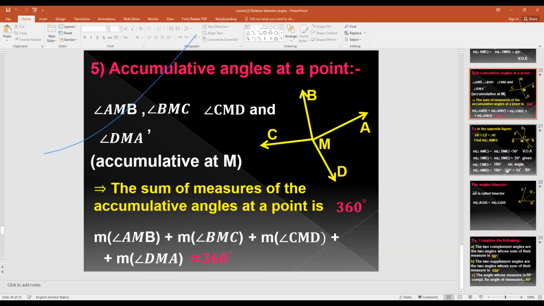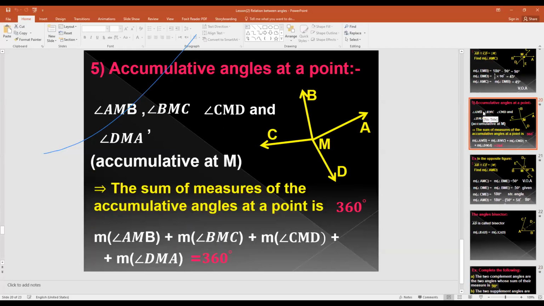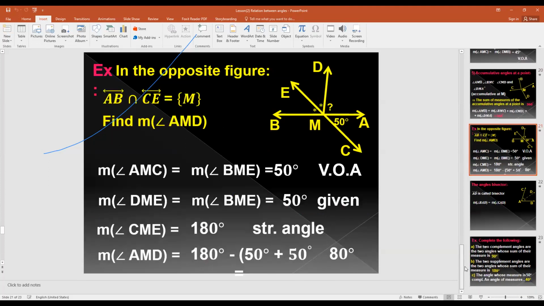Now we finished our lesson, and we talked about the relation between angles. We talked about the complementary angles, and we said that two angles are complementary if their sum is 90 degrees. And supplementary angles, two angles are supplementary if their sum is what? 180 degrees. And we talked about vertically opposite angles.